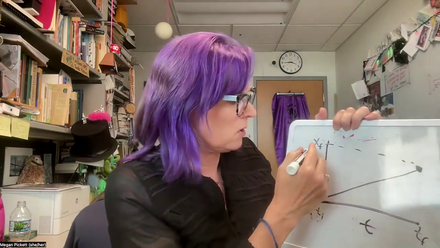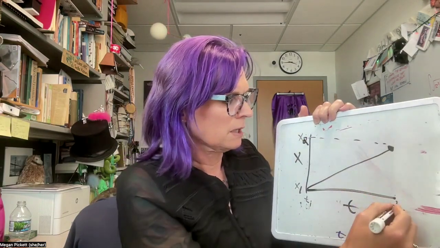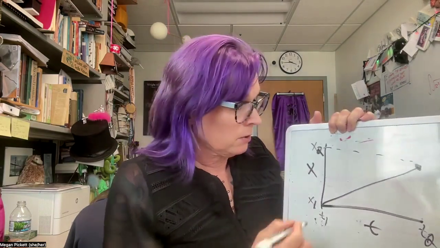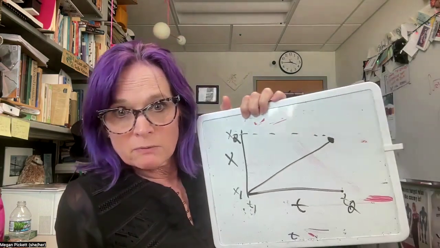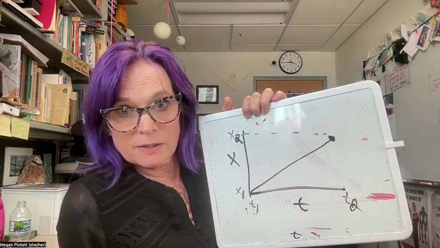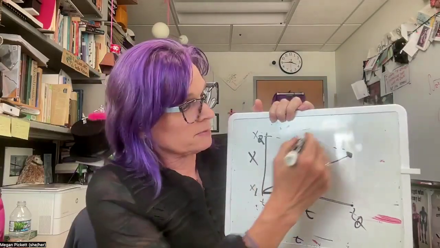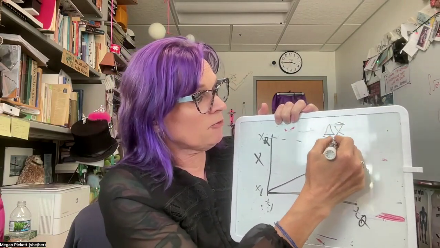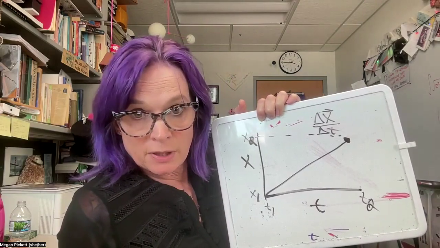And in the book, we've been calling this x1, t1, x2, t2, right? Now, that's the average, right? All we are asking when we find out the average of something like this is what's the delta x, right? Delta x over delta t. How far total did you go over how much time?